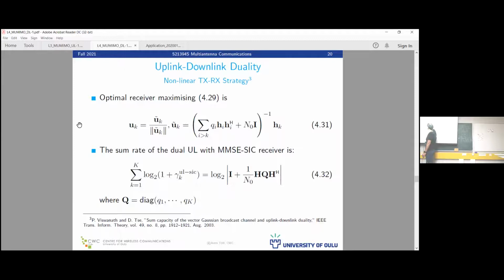This is the max SINR receiver, which is the scaled version of the MMSE. Here, in fact, I think they are the same. They should be the same. If they're normalized, that becomes the same.